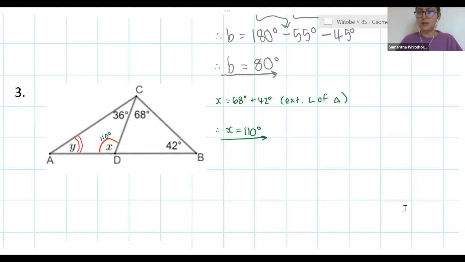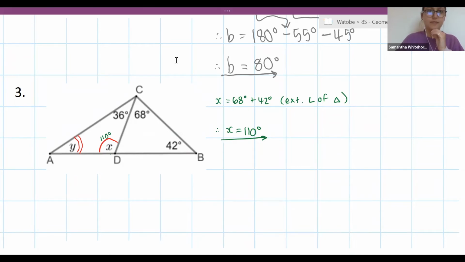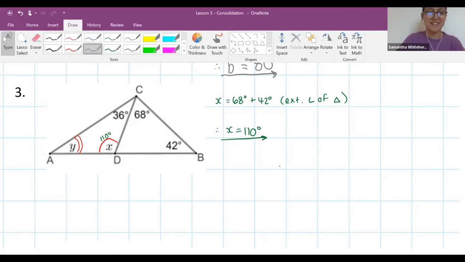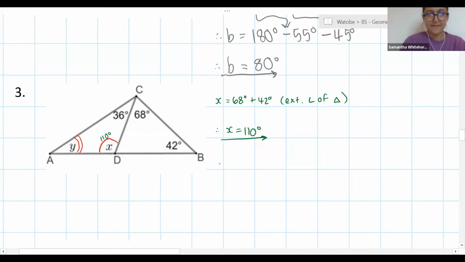Let's see. Cornelia. Hello. So y plus 36 plus 110 degrees is equal to 180 degrees. Sum of angles in a triangle. Good.